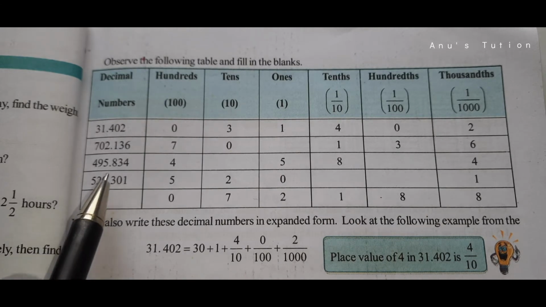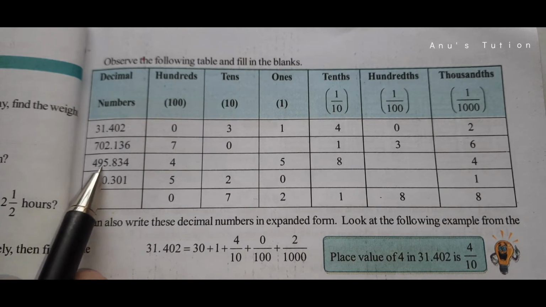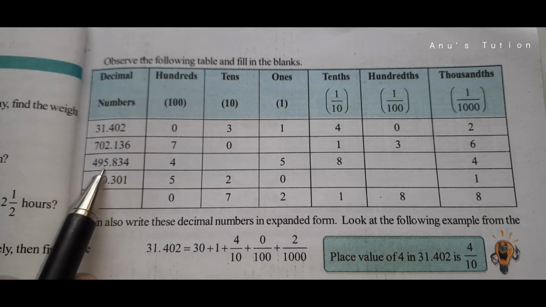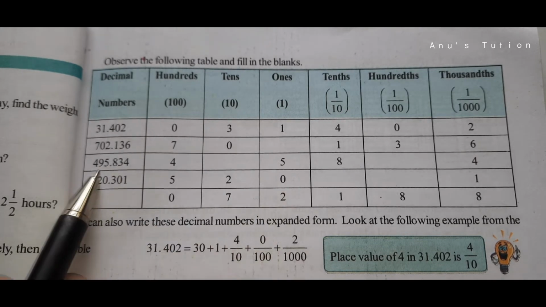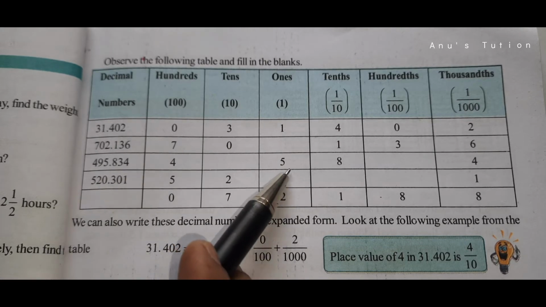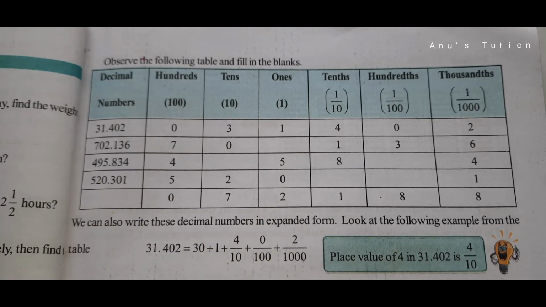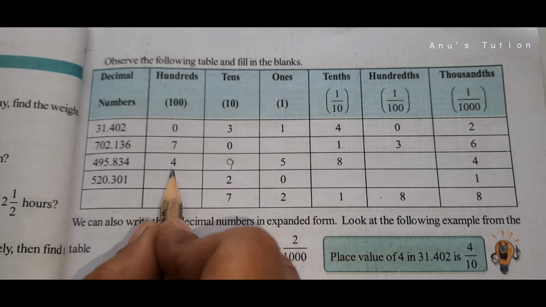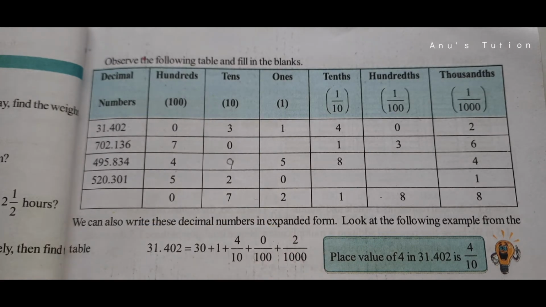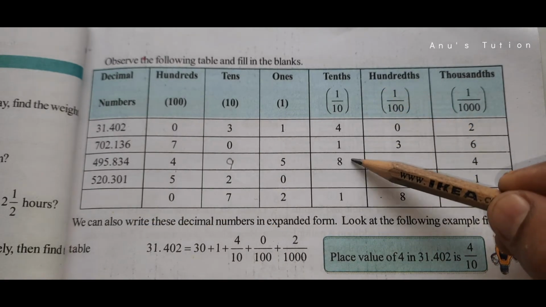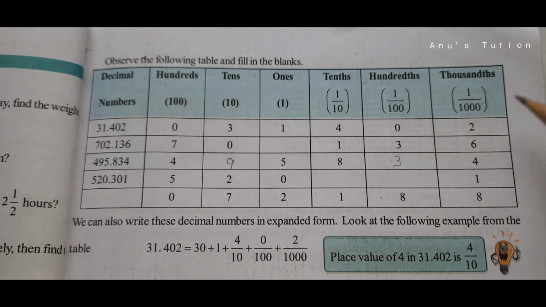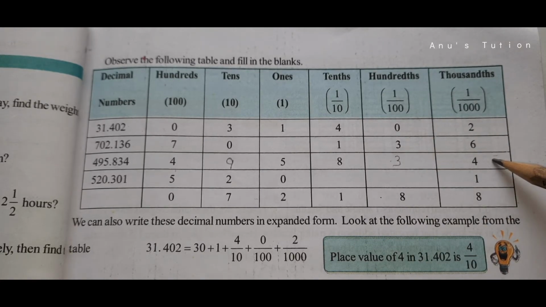Next, 495.834. Ones place is 5, tens place is 9, hundreds place is 4. Next, 1 by 10 place is 8, 1 by 100 place is 3, 1 by 1000 place is 4.